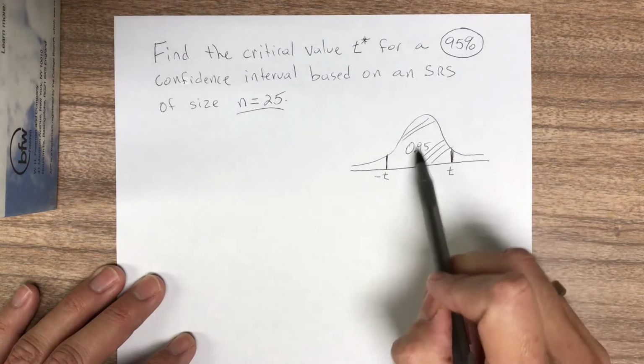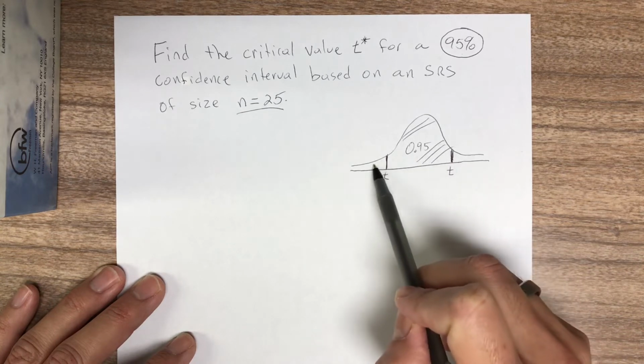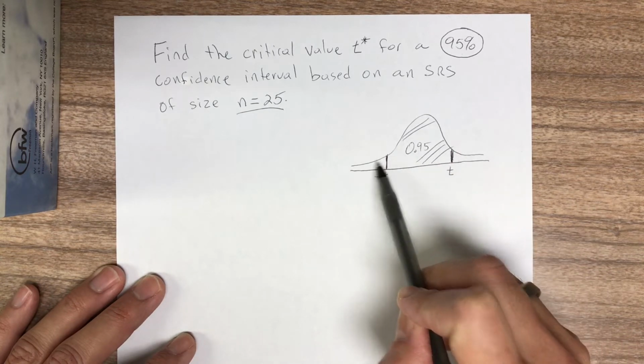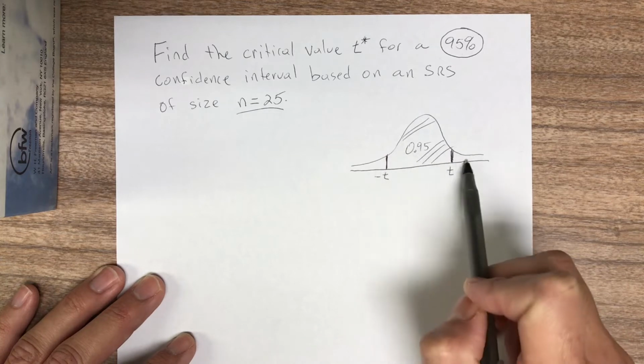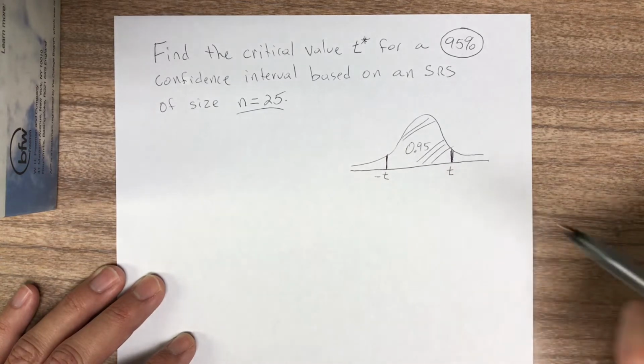So if we have 95% area in the middle, that means that the tails of the density curve have to add up to 5%, because 95 plus 5 will give you the 100% area under the curve.